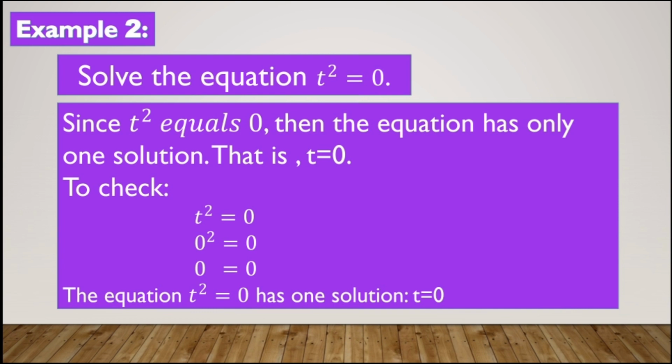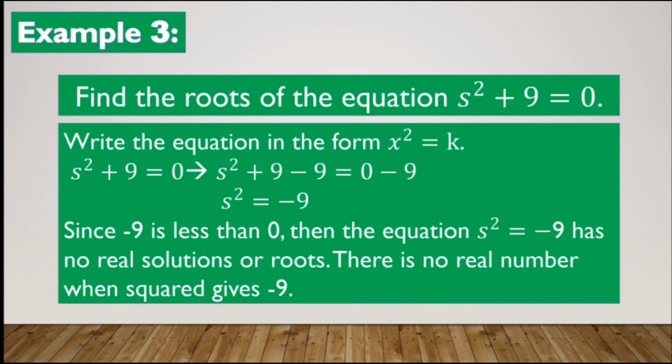And based on our second property, if k is equal to 0, then it has one solution and that solution is 0. So we have t is equal to 0. To check, t squared is equal to 0, 0 squared is equal to 0, 0 is equal to 0. Check. The equation t squared is equal to 0 has one solution, t is equal to 0.